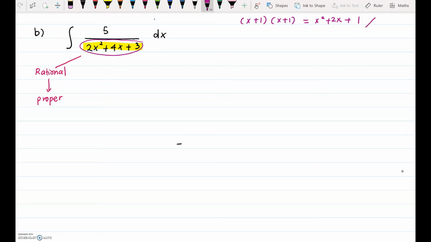So this is wrong. Please expand the given answer from your calculator. Meaning here you cannot factorize your denominator. So what happens if you cannot factorize your denominator? We have to use completing the square.